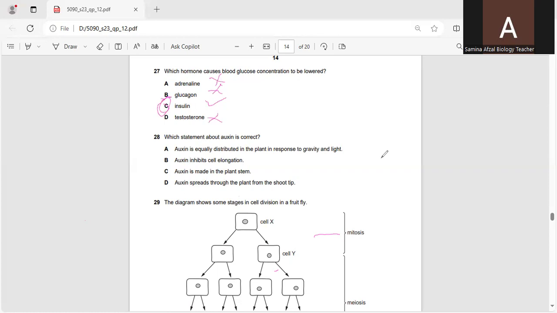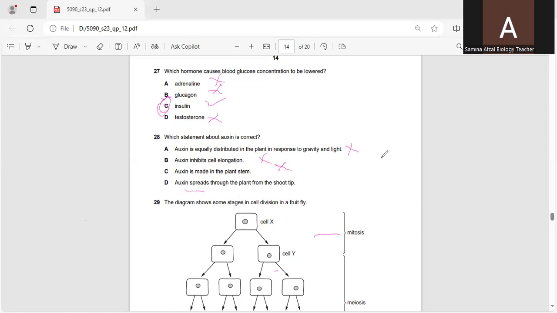Now, next, which statement about auxin is correct? Auxin is a plant hormone, is equally distributed in the plants in response to gravity and light? No. Auxin inhibits cell elongation? No. Auxin is made in the plant stem?